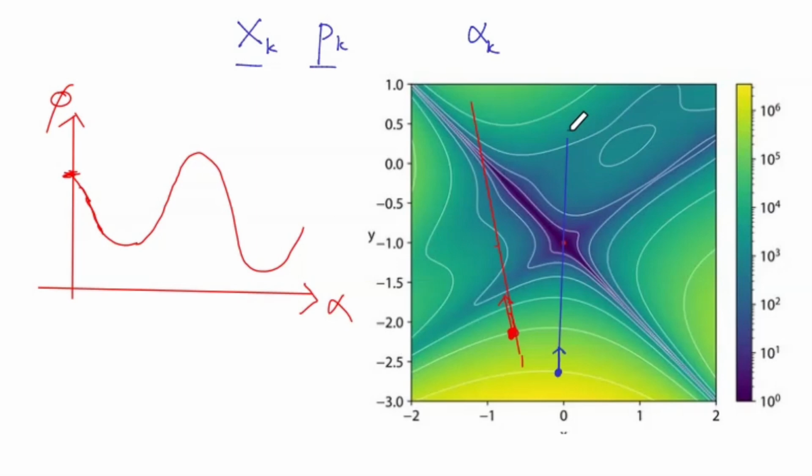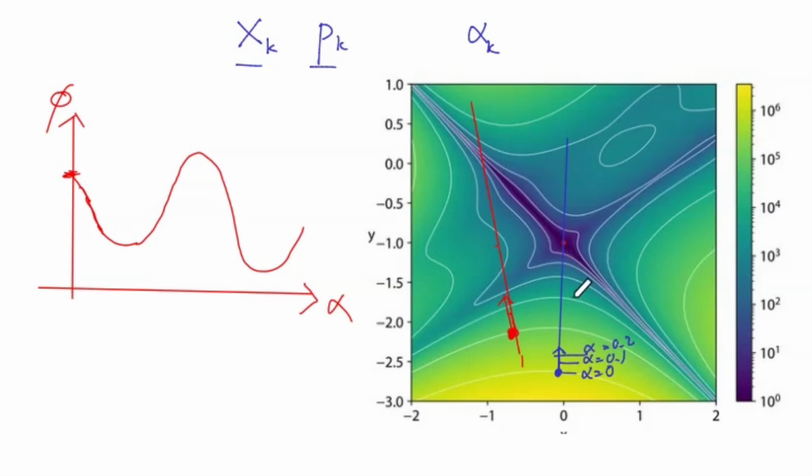So let's say this is the direction we go. When we want to choose an alpha, we start from here. At this point alpha is equal to 0, and we take a larger alpha equal to 0.1, and so on. You can plot a graph.